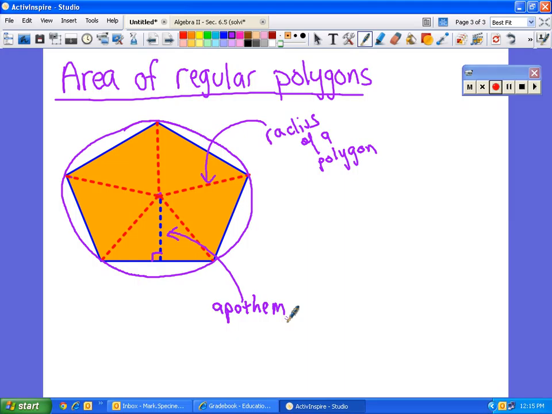Well, because if the line goes from the center out to a vertex, it's also on the edge of the circle, which is what makes it a radius. The apothem forms a 90-degree angle with the side of the polygon.